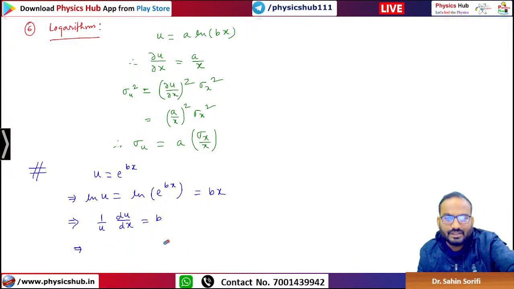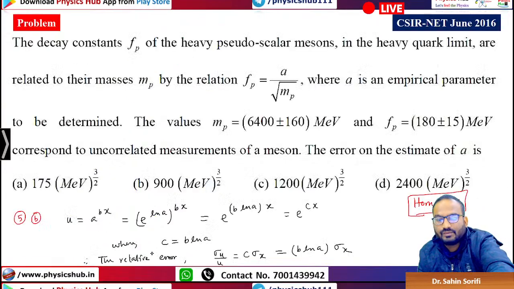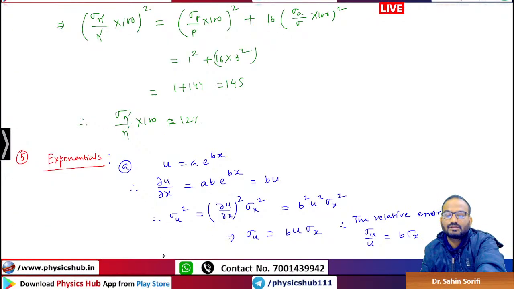Are you not getting the same result as we got here by putting b equal to 1, sigma u is equal to b sigma x?